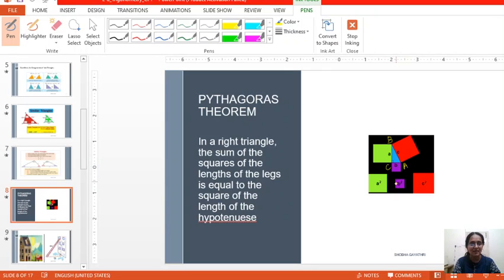Pythagoras theorem states that a square plus b square equals c square. That means the sum of the squares of the lengths of the two sides of a right angle triangle is equal to the square of the hypotenuse. c is the hypotenuse here. Hypotenuse means the side opposite to the right angle. This statement gives the relation between the sides of a right angle triangle.